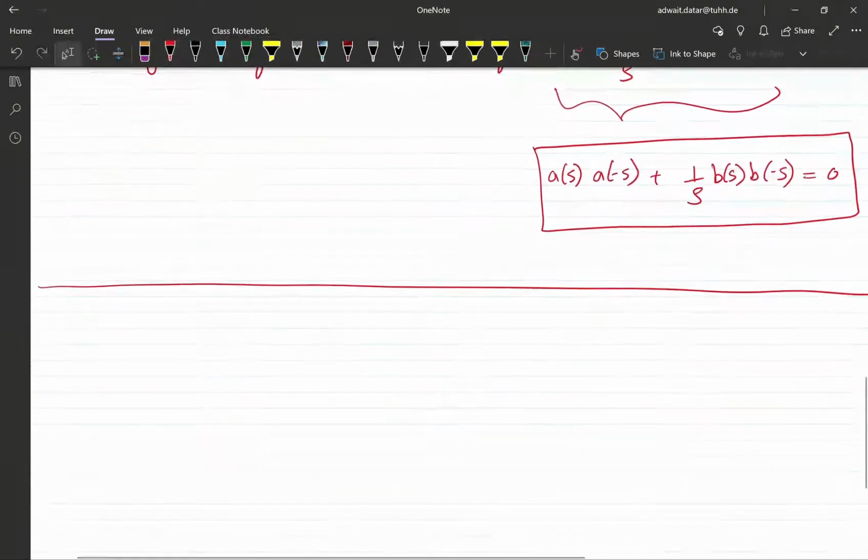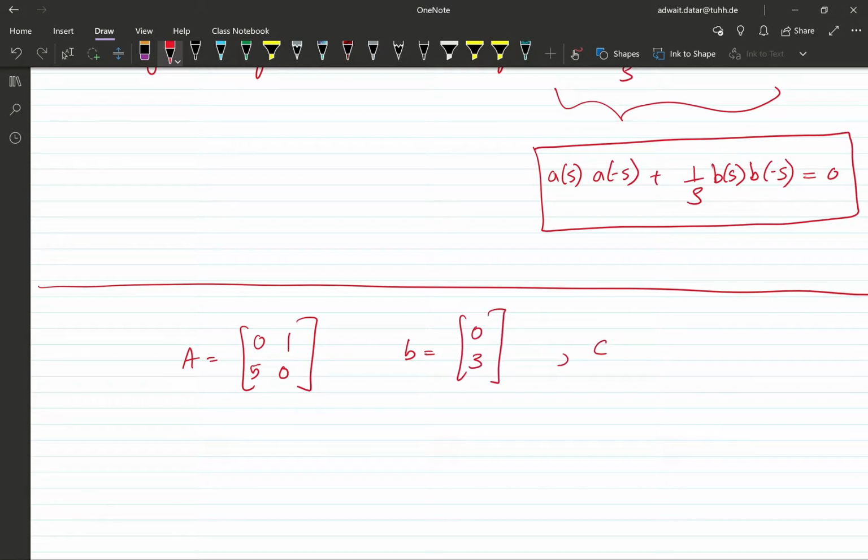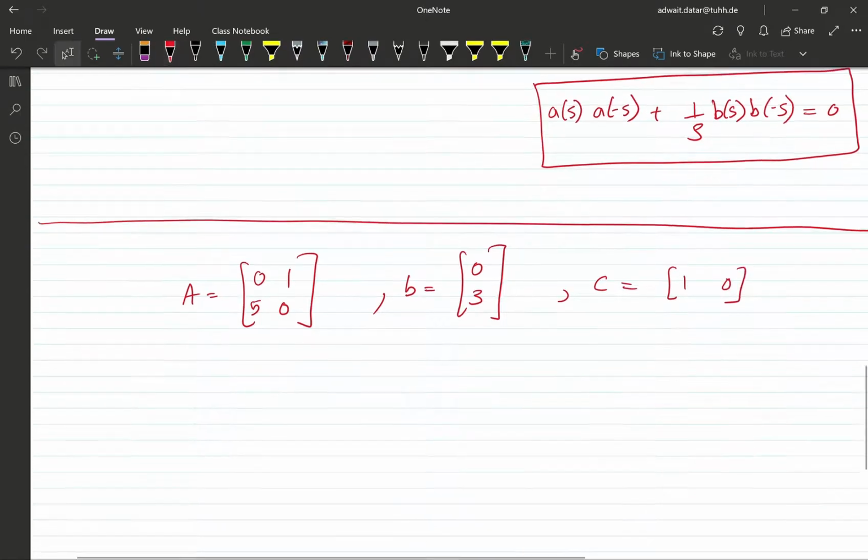Now let's try to use this to solve our problem. We have A given by 0, 1, 5, 0, and B given by 0, 3, and C given as 1, 0.